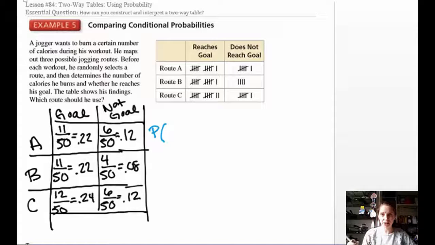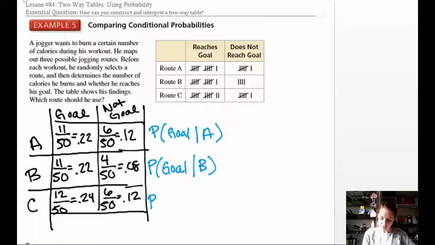What I need to do is now compare the conditional probabilities. So given that he ran route A, what is the probability that he met his goal, versus the probability of goal given he ran B, versus the probability of goal given C.